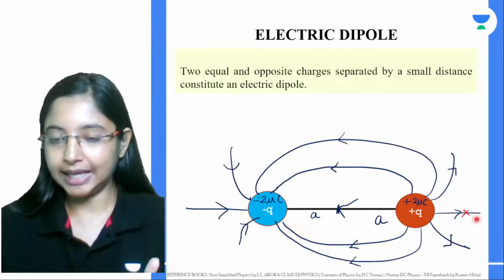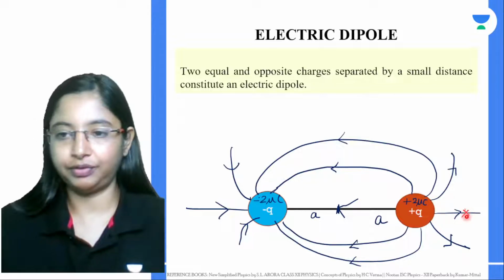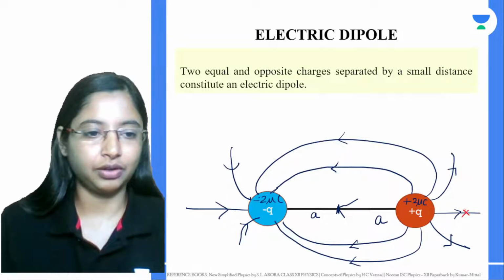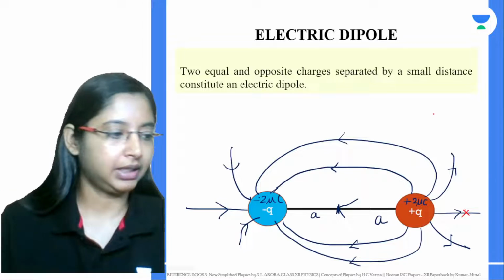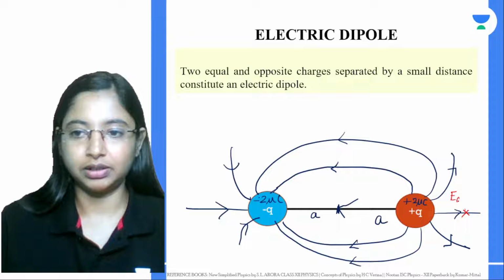On the axial line, if you're finding the electric field strength, that is somewhere over here. This is E axial.